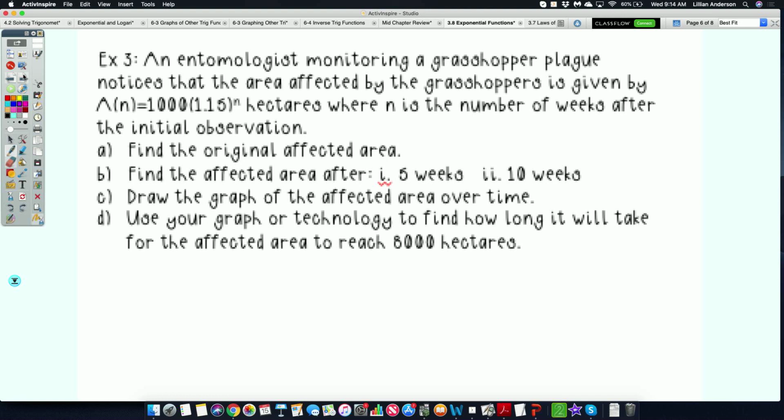It's always good to make sure you are identifying what your variables represent. N is your number of weeks, and A sub n represents your area, your hectares.